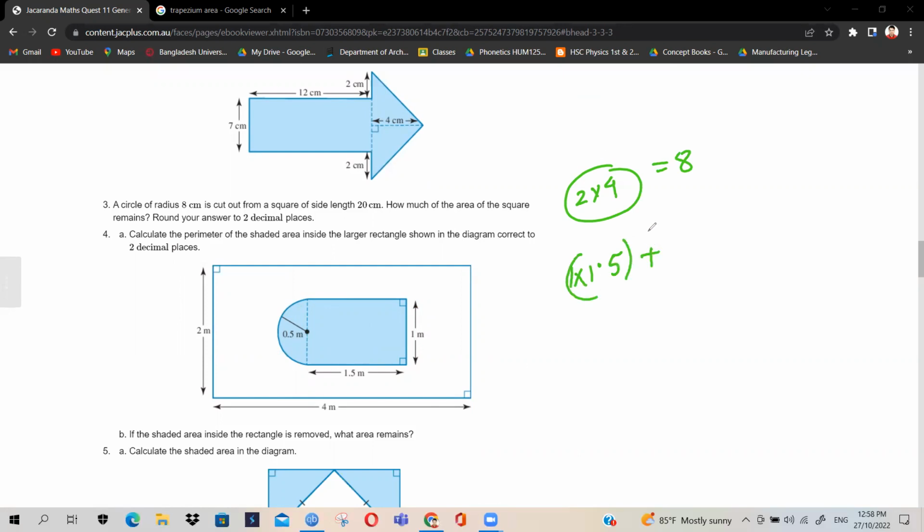So, what is the area for the semicircle? It is pi times 0.5 squared divided by 2. Okay, so then you will just subtract this value from 8. You will get the answer. Understand? Which would be 6.11. Okay, 6.1.